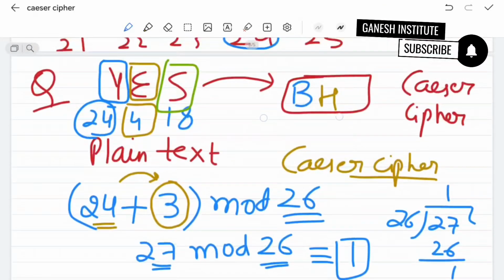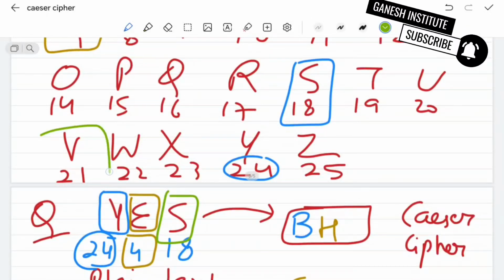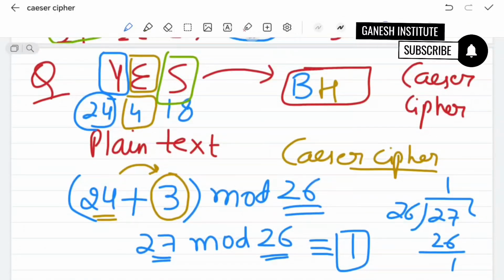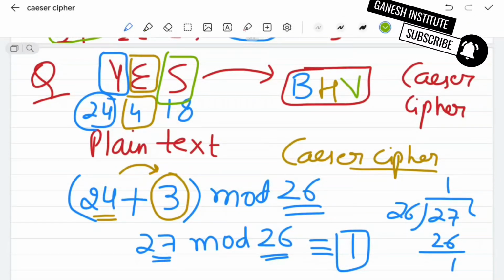The 21st place is V. So S has been transformed to V.